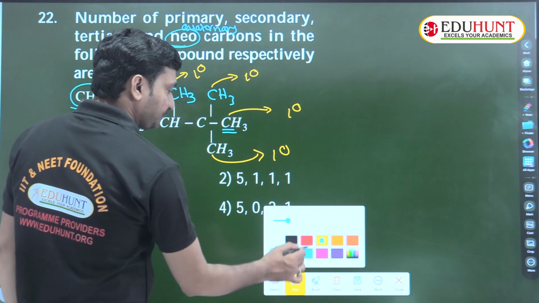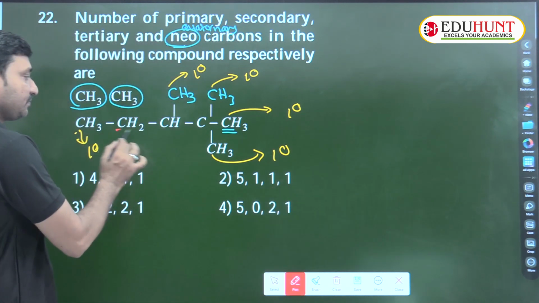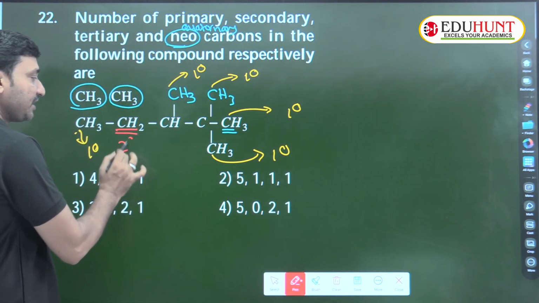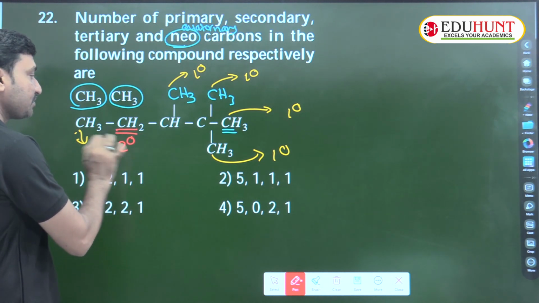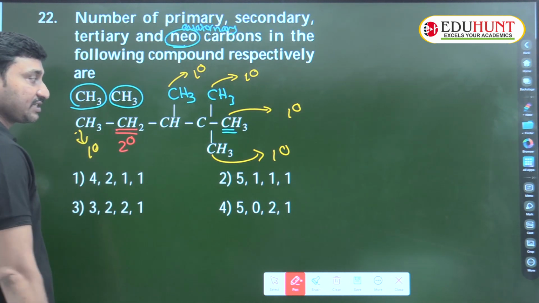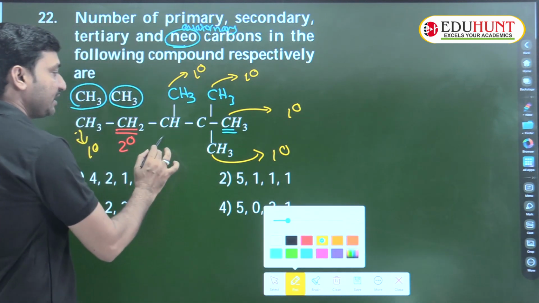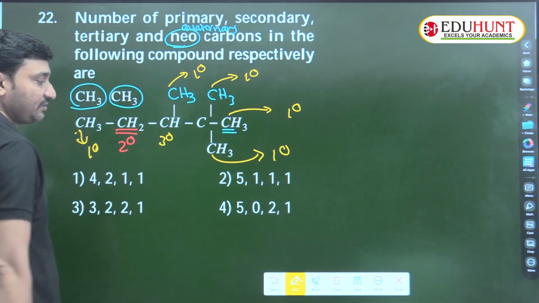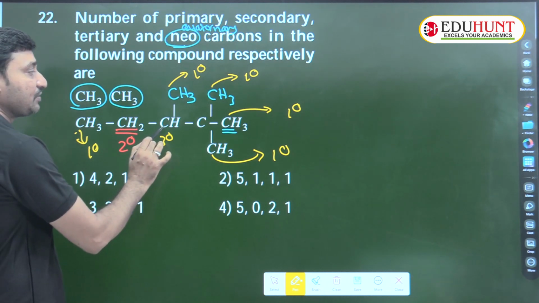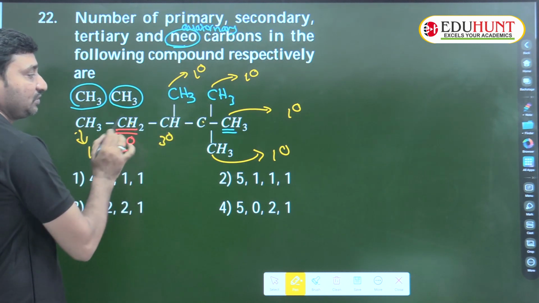And also see this carbon, also a primary carbon atom. Why? Bonded to only one carbon atom, right? Next one, see this one, secondary carbon atom, right? Because bonded to two carbon atoms, 1 plus 1, 2 carbon atoms, secondary. And this one tertiary, right? Because this carbon is bonded to three carbon atoms, 1, 2, 3, tertiary.